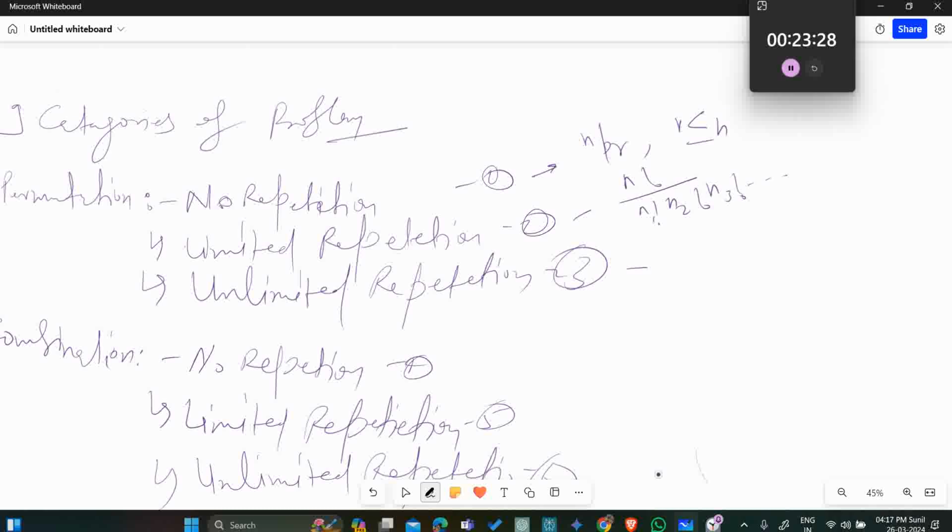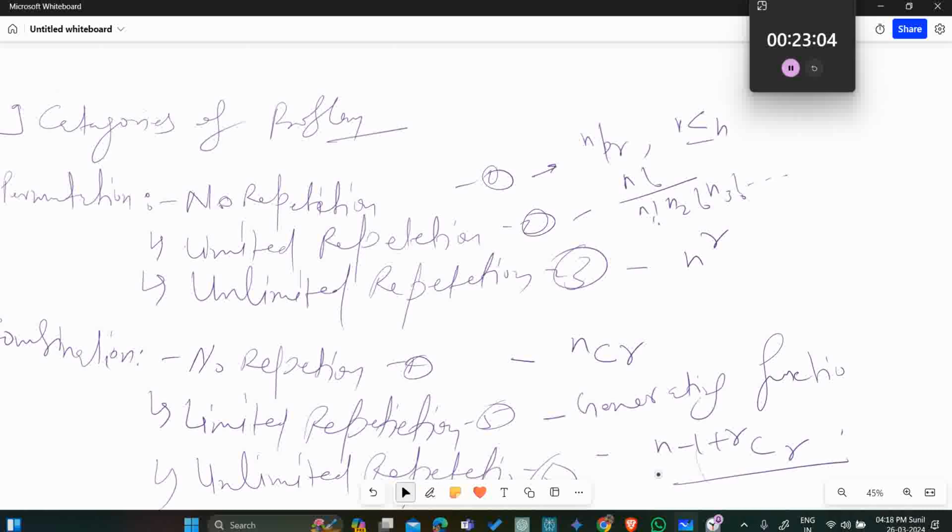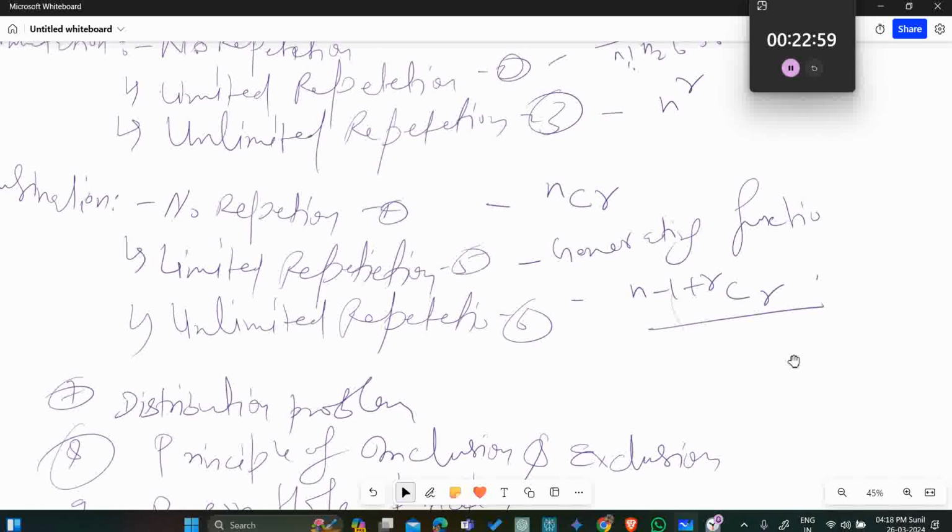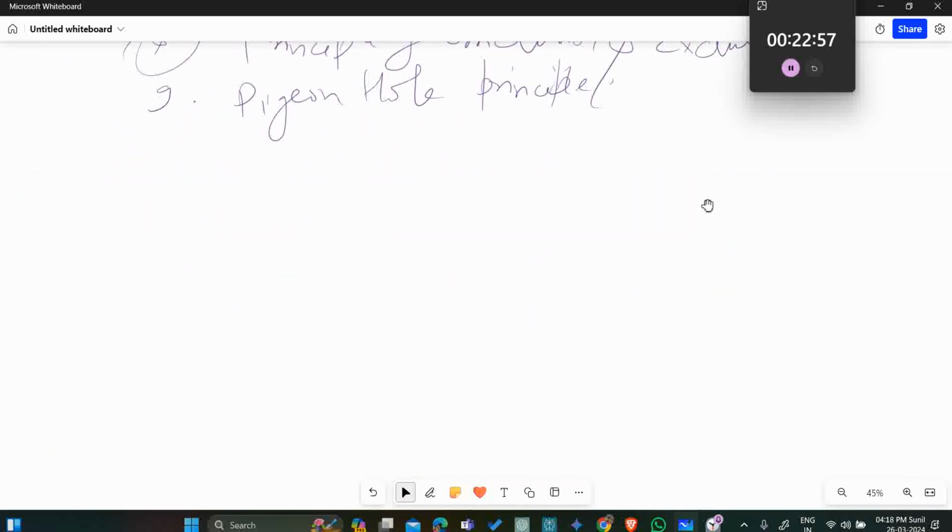And for unlimited repetition, N to the power R, right? And for combination, NCR for no repetition. For limited repetition, we use generating functions, right? And for unlimited repetition, we will use N minus 1 plus R CR. These formulas are short. We will discuss them in further lectures.